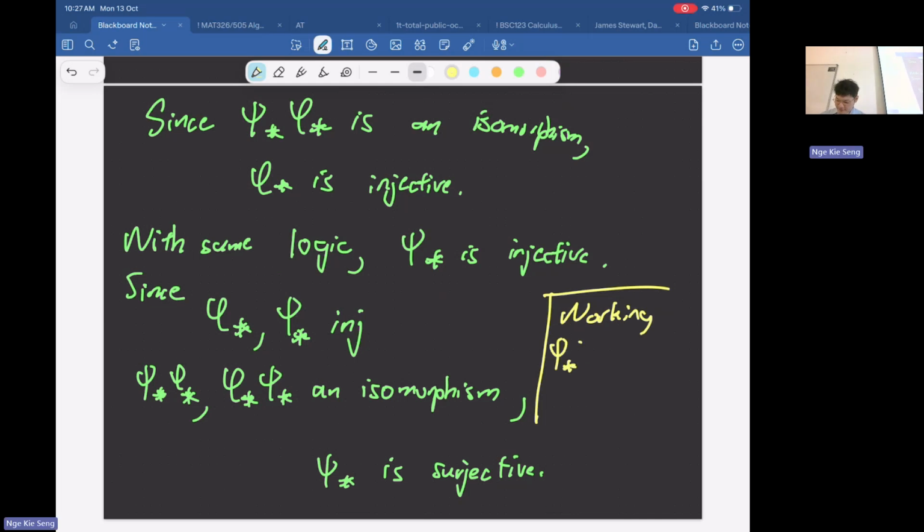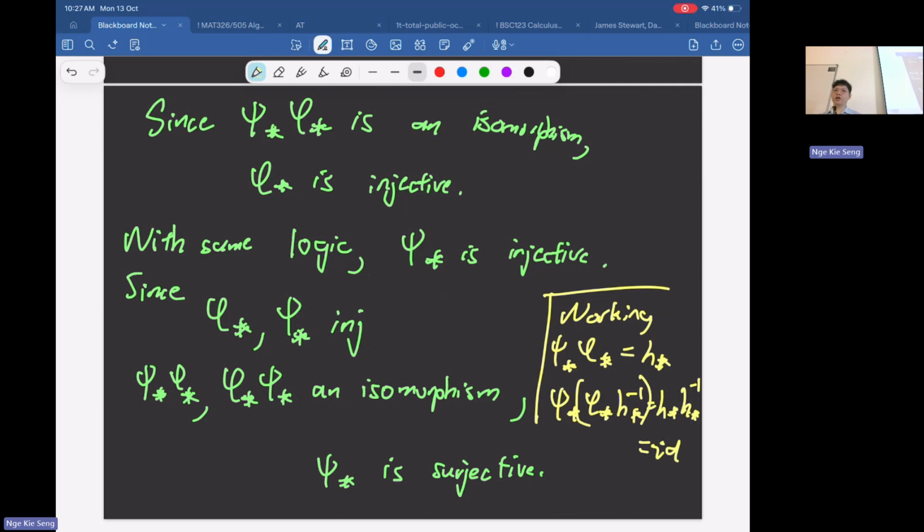So phi star, psi star, phi star is some isomorphism. Because it's an isomorphism, there should be an inverse. I think we are good. So we just put the inverse here. Then this is the identity.